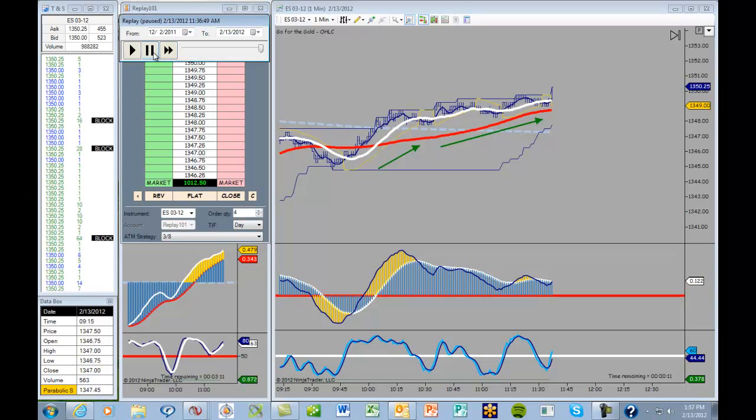Oh, spiked up. And we got bullish again. We got a pretty good cross over here. Definite move up here, and everything's looking bullish on this side. So let's go long again.